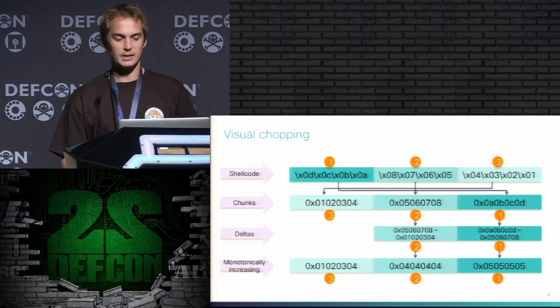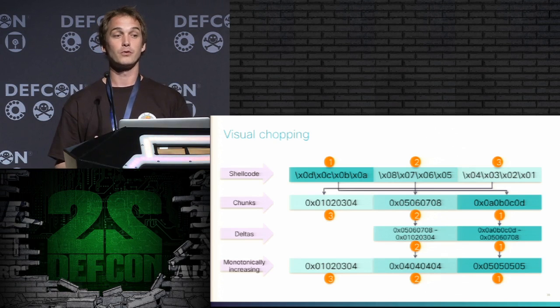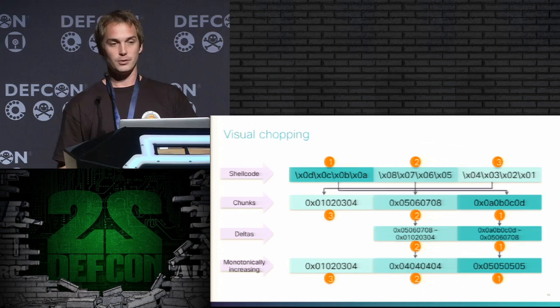So what this looks like, if I take this example: at the top you've got a shellcode, just a string of hex. If you take that as a number and reorder it, you get line 2. The end of the shellcode has been shifted back to the front, and all of it is ordered in increasing number. If you take the difference between each, you get small deltas.